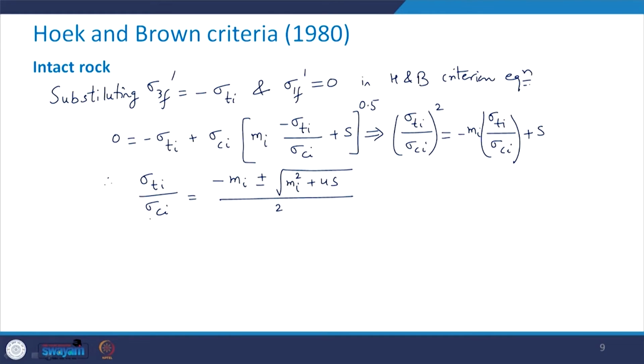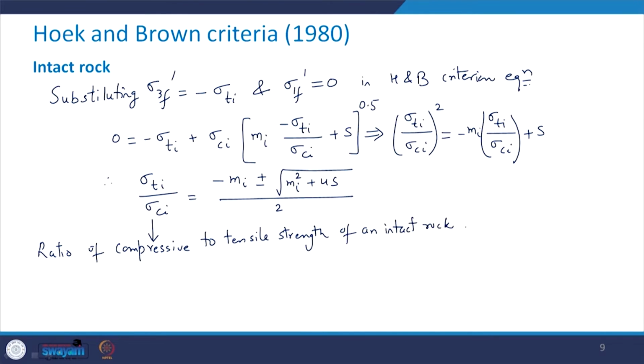So, from here we can see that this ratio, which is the ratio of compressive to tensile strength of an intact rock, depends only on Mi, as S is equal to 1 for intact rock.